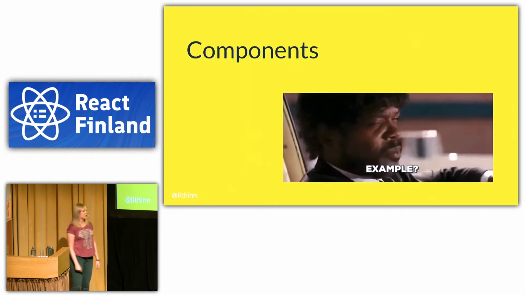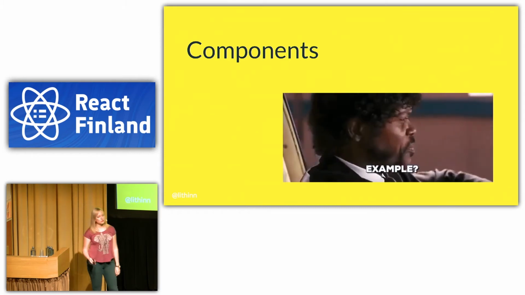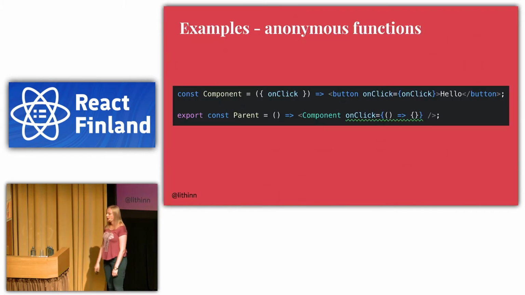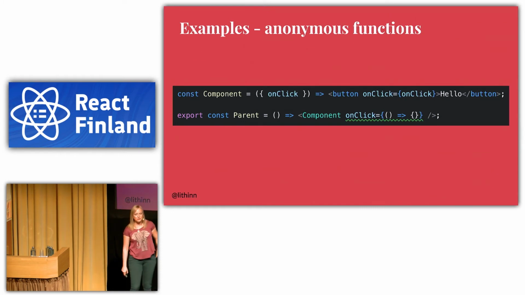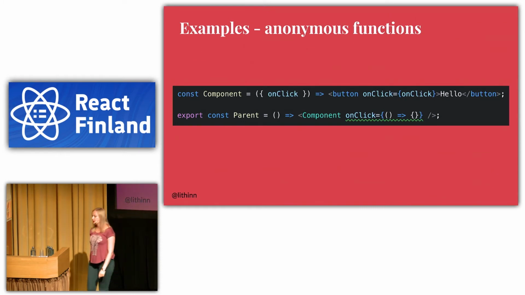So let's have a look at a few examples of what to do and what not to do, the patterns in your components. The first example that I find most important is anonymous functions. In our code, we these days have an ESLint rule that warns us against using anonymous functions with the squiggly line. The reason for that is if I have a component with onClick and I render the parent, every single time I render the parent, I re-render the component as well because the reference to the onClick function changes every single time.